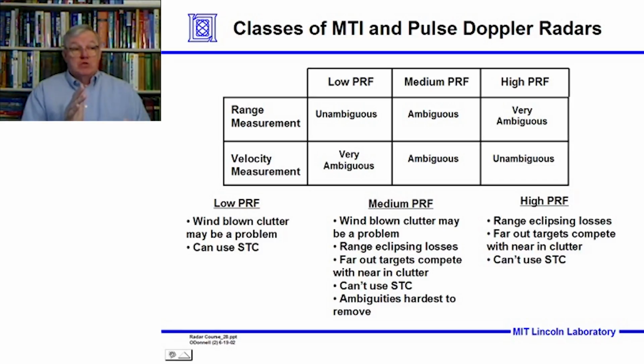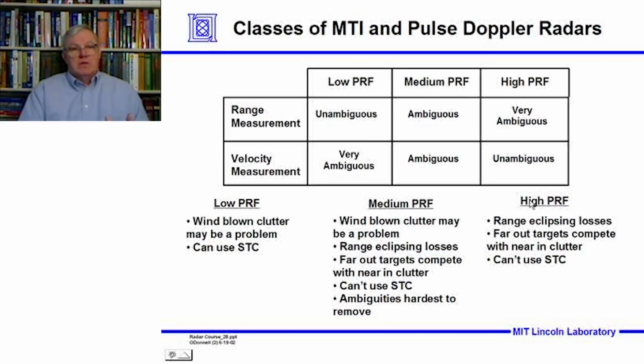And with those radars, you can use sensitivity time control because they're unambiguous in range. So that's a good thing about the low PRF radars. And airport surveillance radars that I talked about fall in this category. And most short-range, up to 100 miles, ground-based surveillance radars are typically low PRF radars. Many of them are.